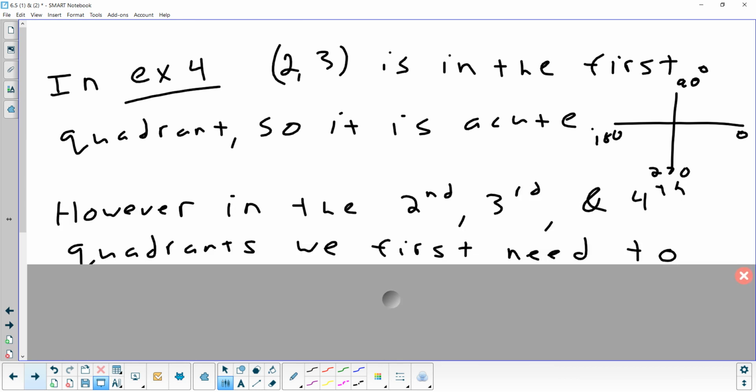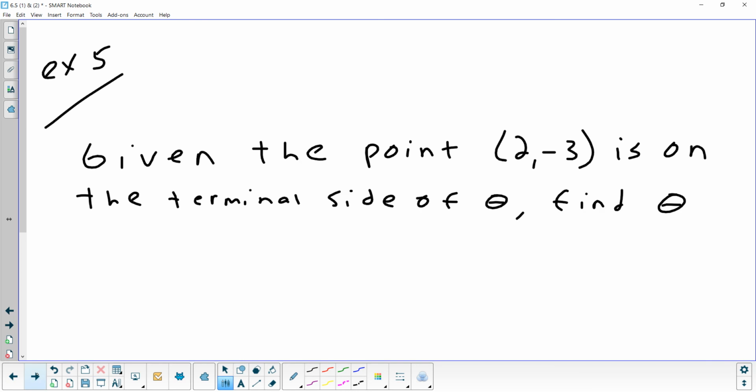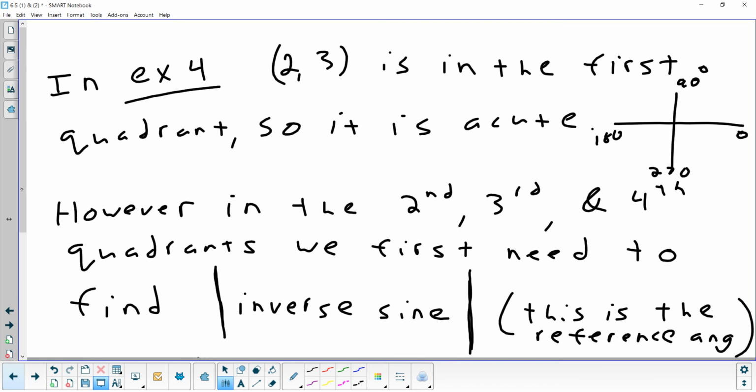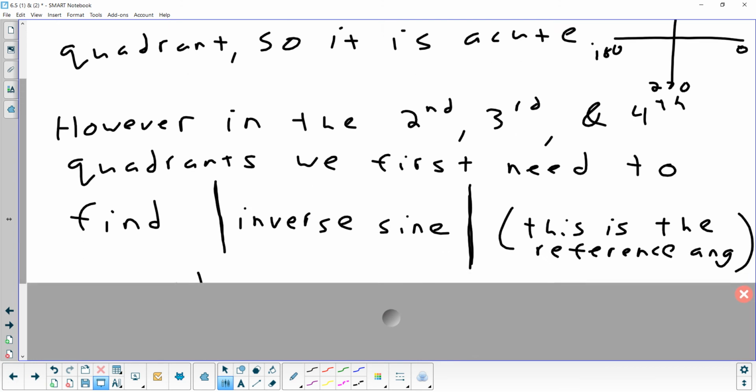So, what would happen if we had to do a problem like this? 2, negative 3. Well, we have to take into account that that y value is negative. We can still do inverse trig, but this is what we want to do. We want to first find what is called the reference angle.